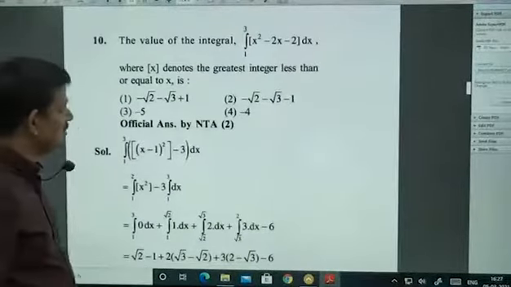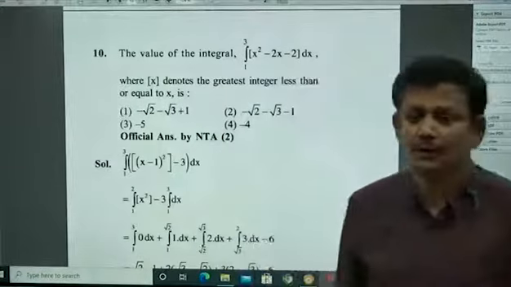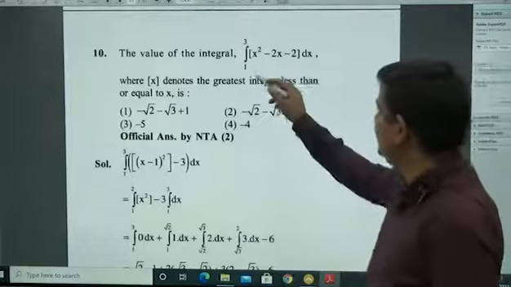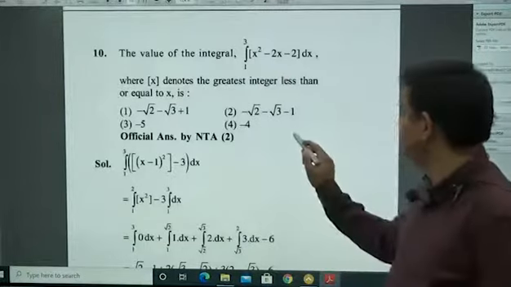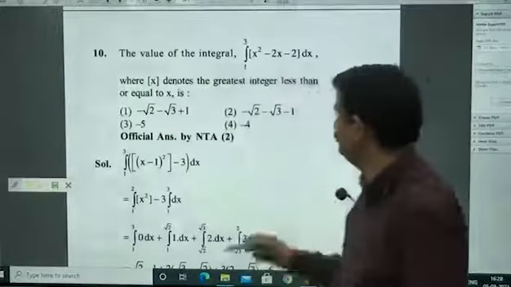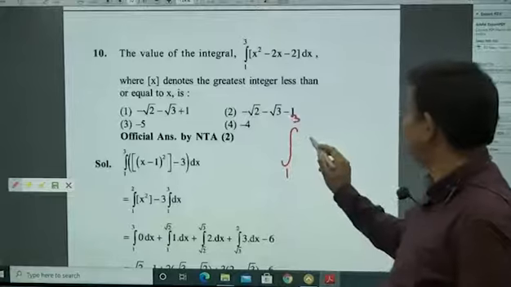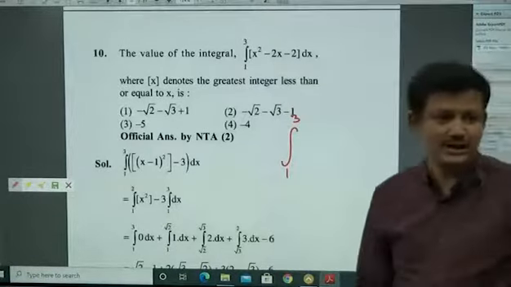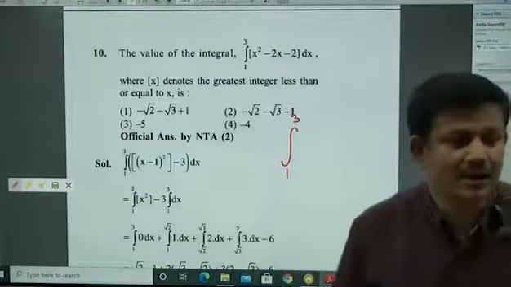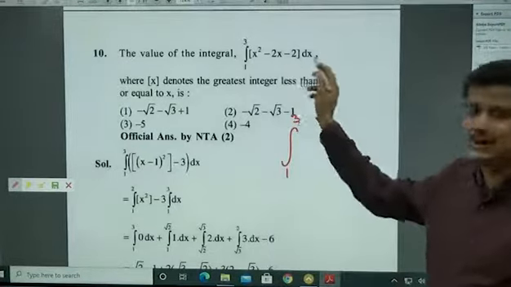Find the value of this integral. So integral from 1 to 3. This quadratic is a little larger, with x square. Okay. So try to write it in terms of x square minus 2x minus 1.